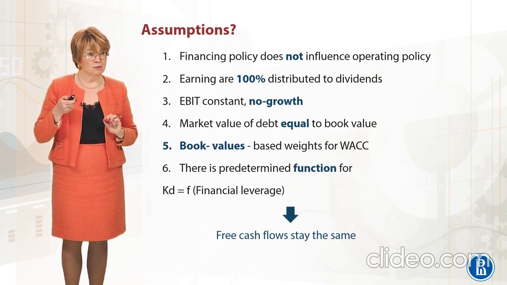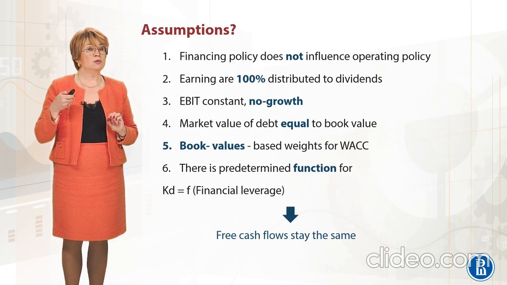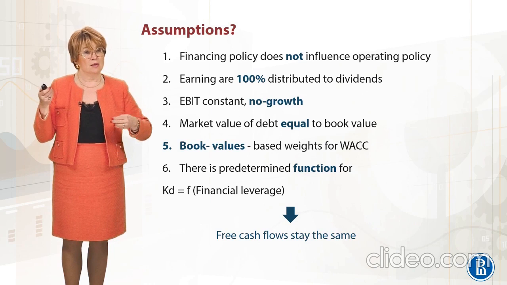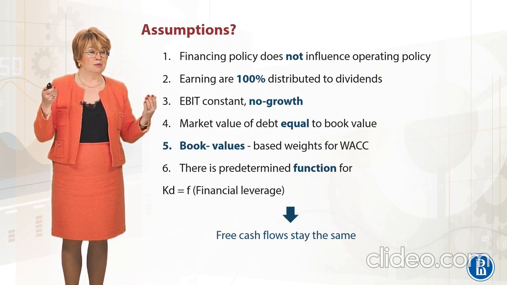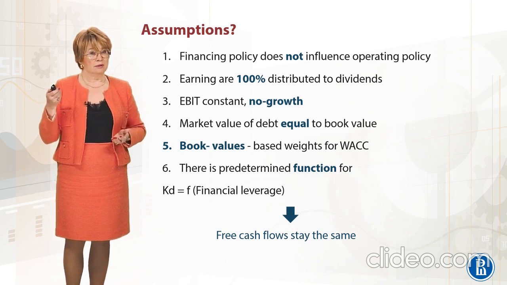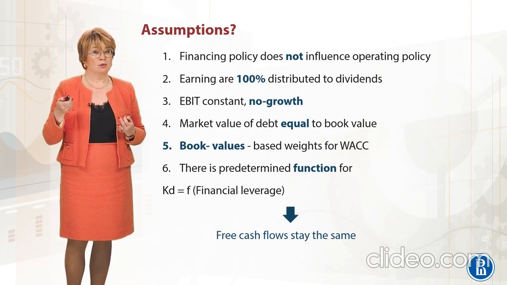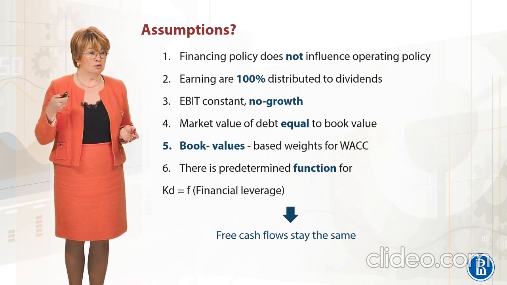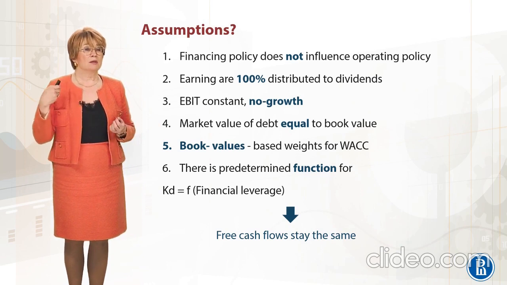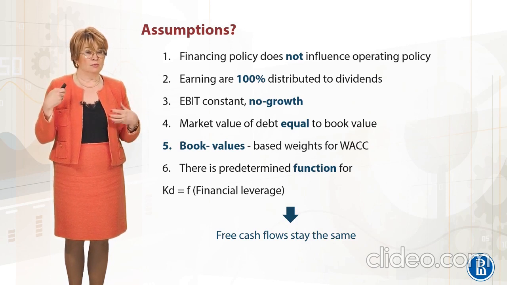Assumption number two says we are not assuming that the company is growing. That's why we are assuming that all the earnings earned within some particular business cycle within the year, 100%, would all be distributed to shareholders in dividends. And that's why assumption number three also says the earnings before interest and tax are permanent, they are constant, because we think in terms of the no growth strategy of the company.